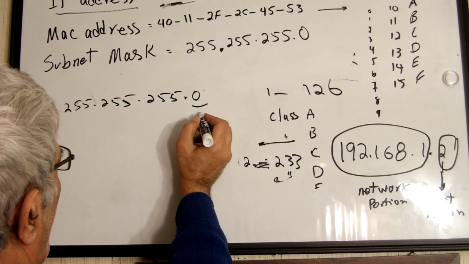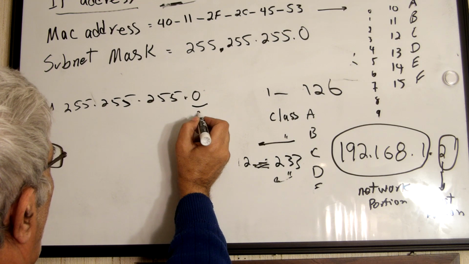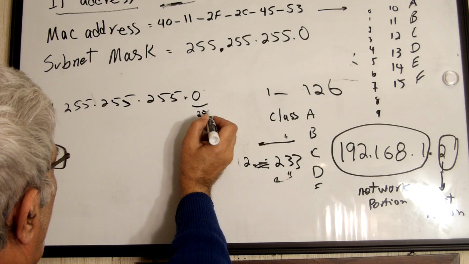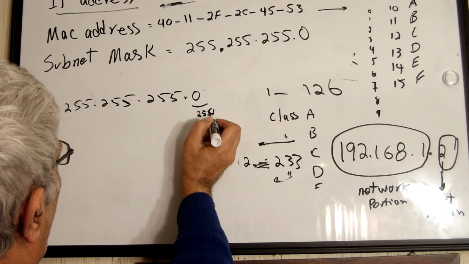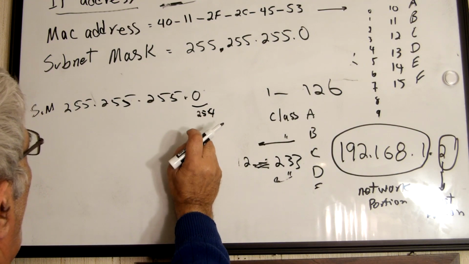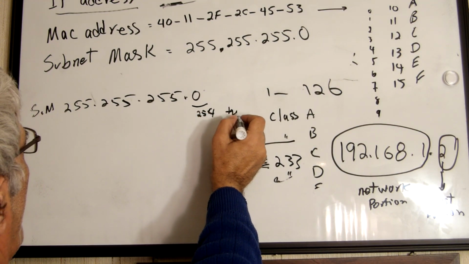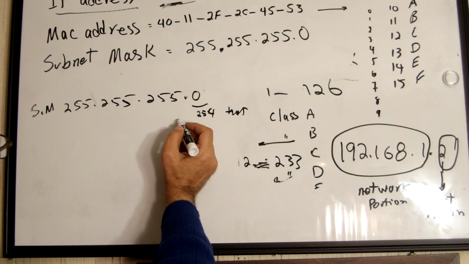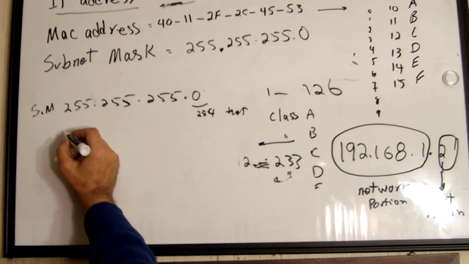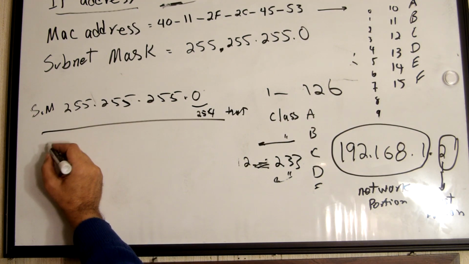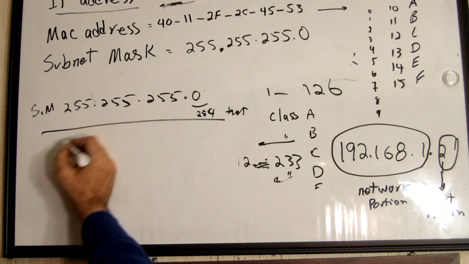This is the host part. The host part is only going to have 254 hosts, because the more you go this way, the fewer hosts there are.